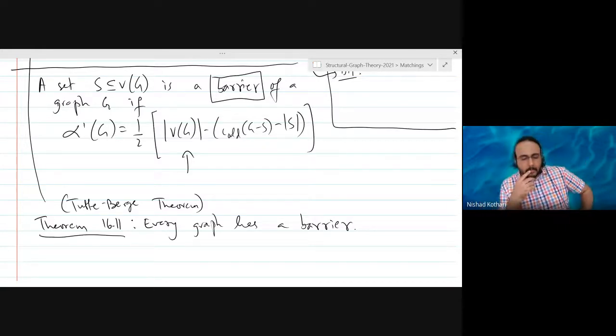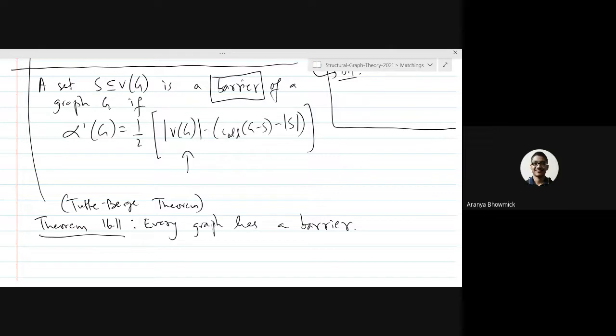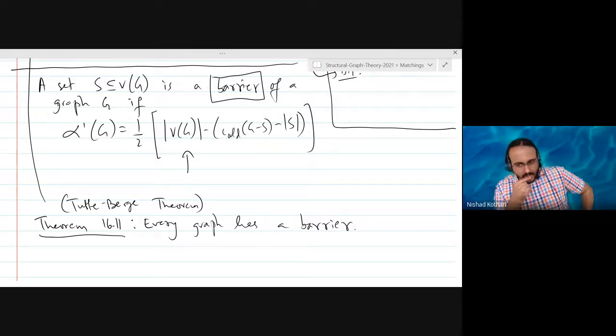Is there any way to upper bound the number of barriers in a given graph? Okay, that is an interesting question in the context of certain graphs. In general, I don't know of any upper bounds that apply to all graphs, but there is a class of graphs for which there are some interesting results related to your question.